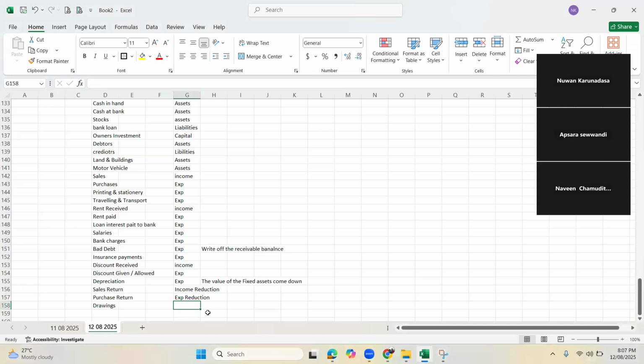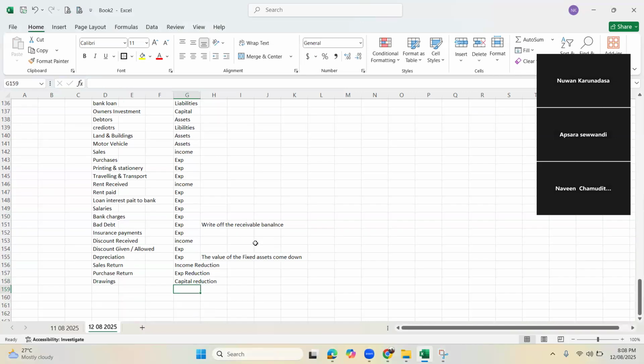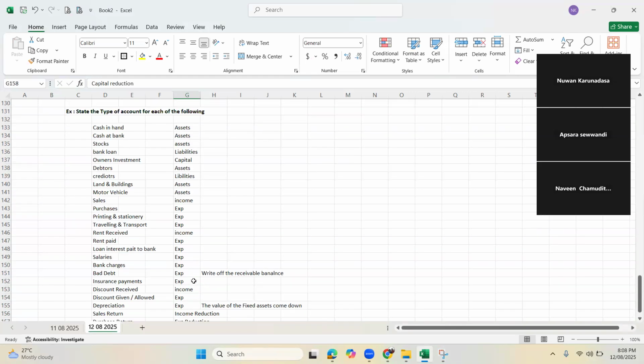No, it is not the expense, it's capital reduction. Remember, these are very careful points. You must learn carefully. If the owner takes cash or goods home, that is treated as a capital reduction, because the owner's investment is a capital increase. When the owner takes it back, capital comes down.